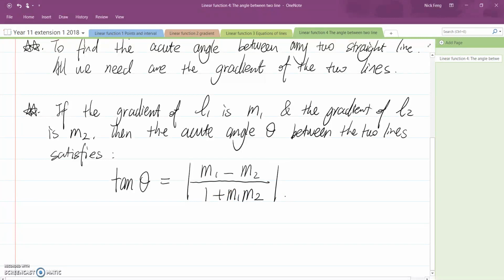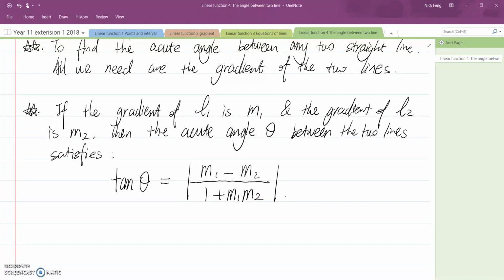Now, unfortunately, girls, I can't explain to you where this comes from for now, but when we get to the end of term 3 or beginning of term 4, when we're touching the trigonometric function, we'll have a further explanation about this. So basically, this is also a formula that is provided on the formula sheet. So all you need to do is just put in the formula.